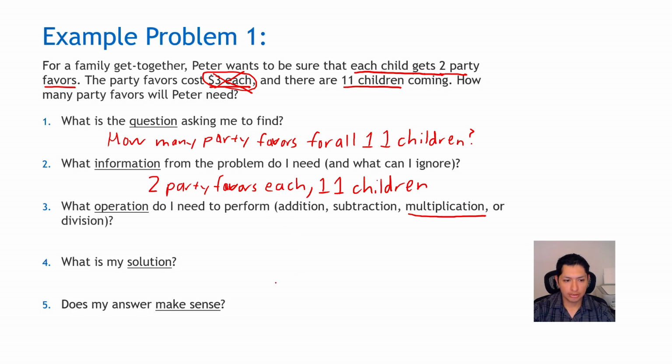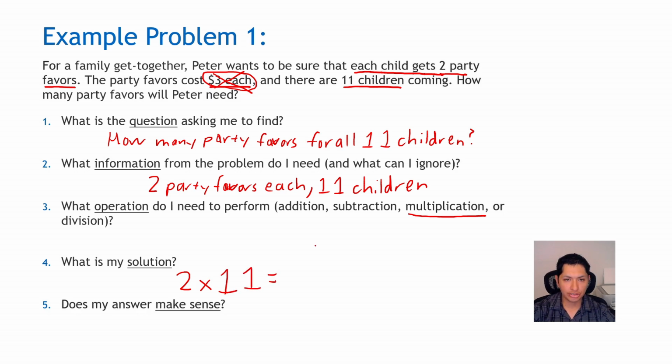So now that I have chosen my operation, number four is solving the problem. So what is my solution? Well, I'm going to perform the multiplication operation on the two pieces of information that I have kept. So I am going to multiply two party favors by 11 children.